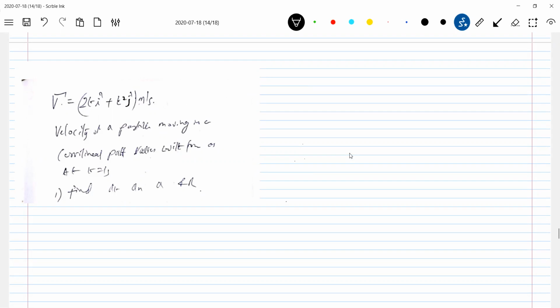At t equal to 1 second, find at, an, a and r. R means radius of curvature. So look at the velocity of the particle. How is it going to move? You do one thing first: differentiate once, you get some picture.